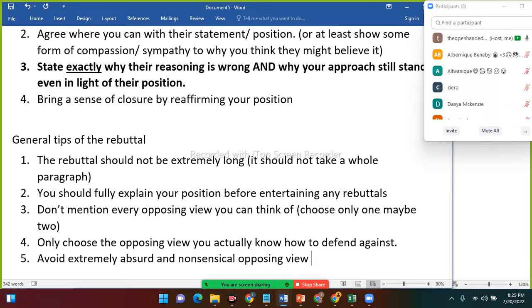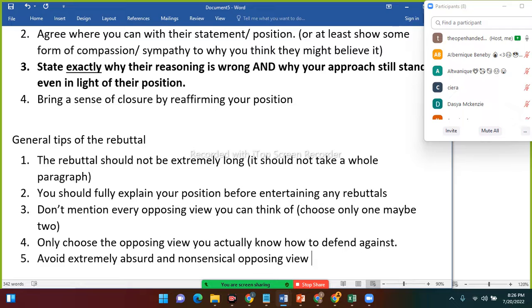Don't use that opposing view. That person clearly doesn't know what they're talking about. The chance of a cell phone exploding in the bathroom is so small that it's not even worth talking about.